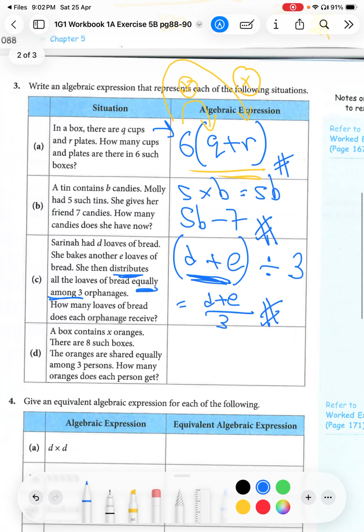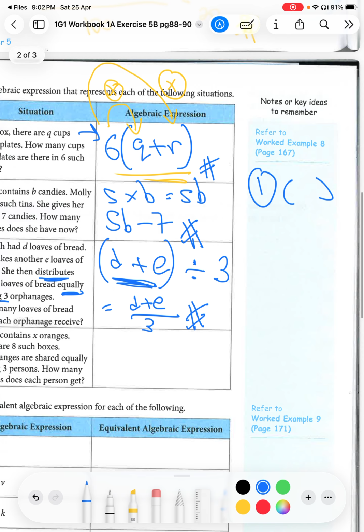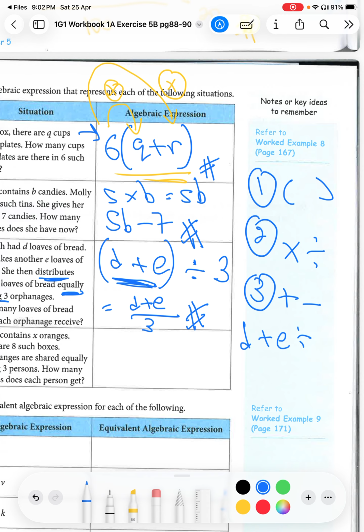Remember, at the start of school we did this. You need a bracket because the order is bracket first, then times and divide, then plus and minus. If I didn't write the bracket, the divide comes first, so it would be D plus E over 3.